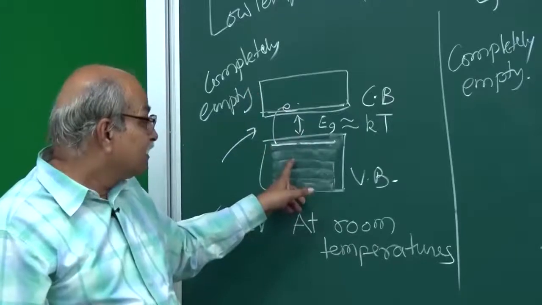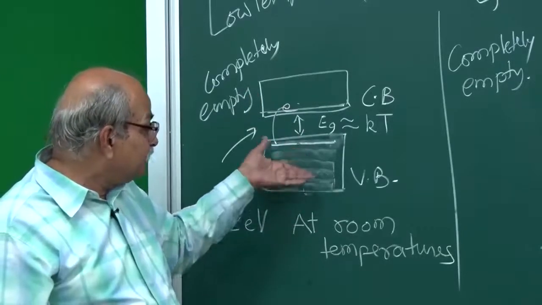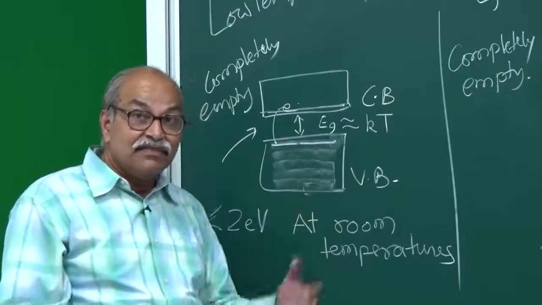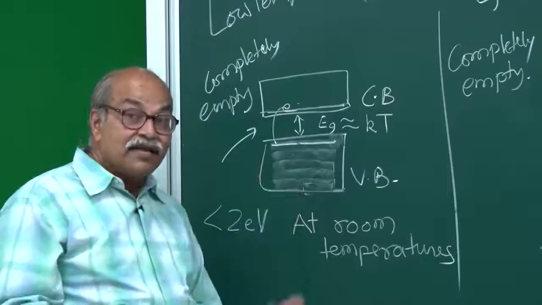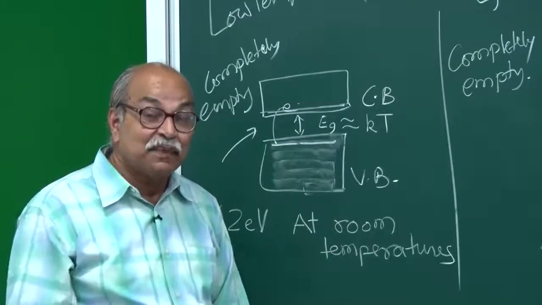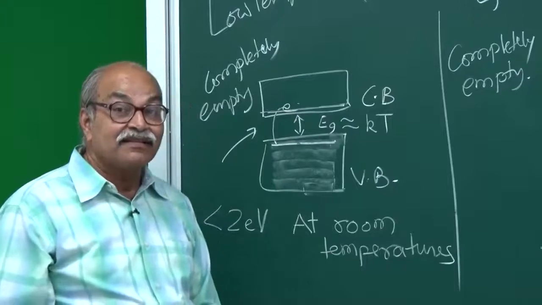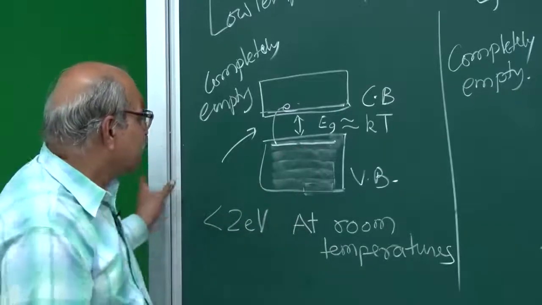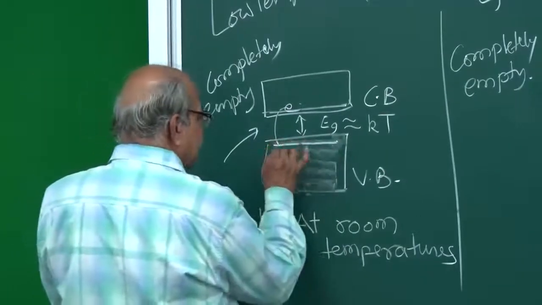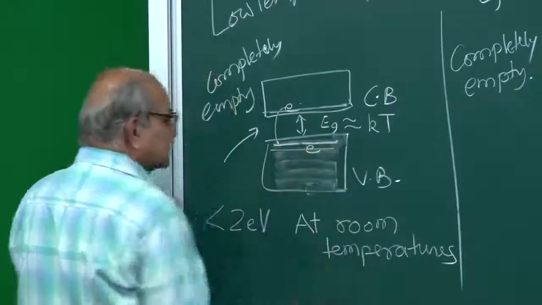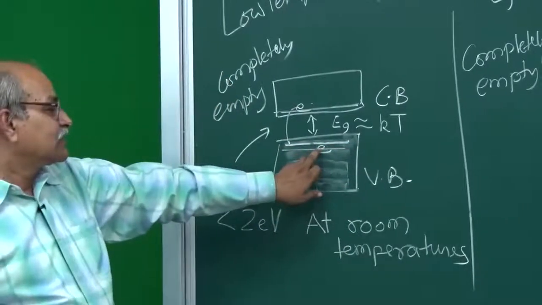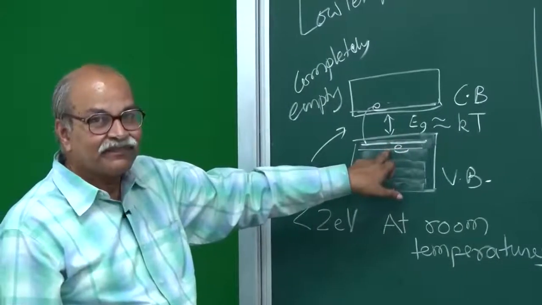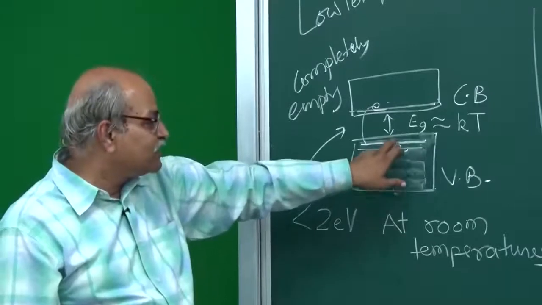But even the electrons in the valence band, at lower energy, can feel some pinch of that electric field and start moving in the crystal. How? If this quantum state is empty and there is an electron here and the electric field is there, this electron can accept that energy and fill this. Of course, its own state will become empty, but some kind of electron movement is possible.